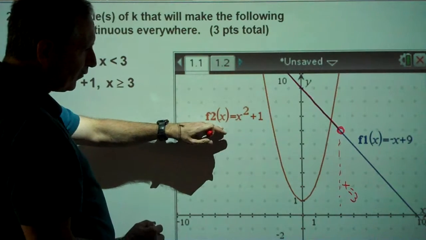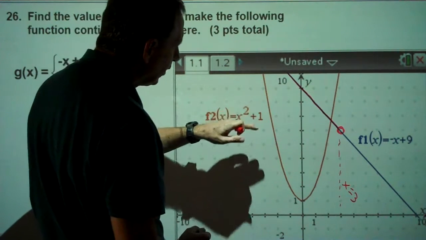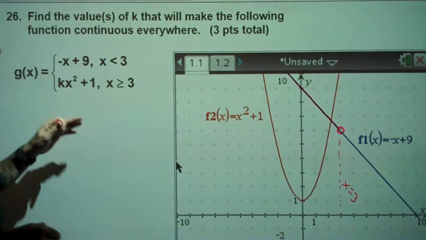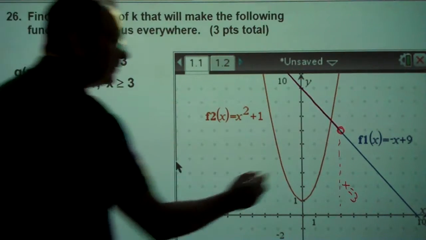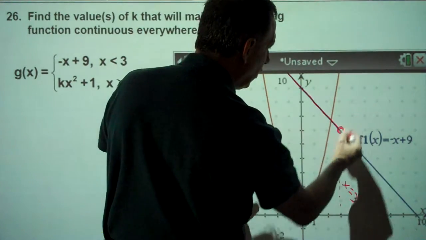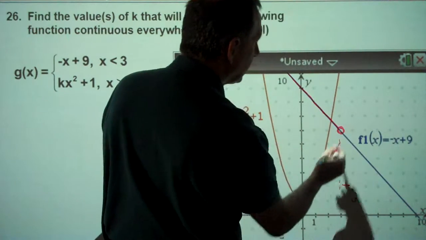And then we have the function f of x equals x squared plus 1. Well, x squared plus 1 assumes k to be 1. And so where k equals 1, we have this function that does not join up at this point.